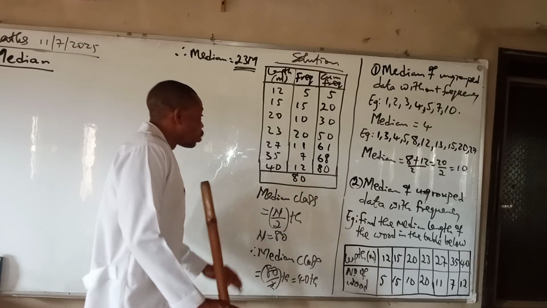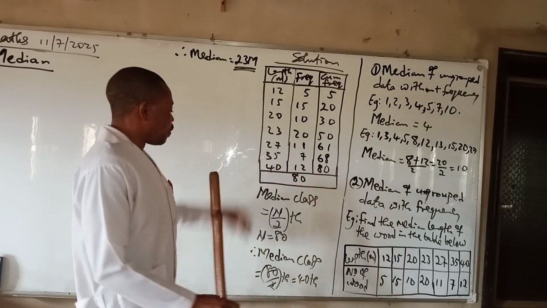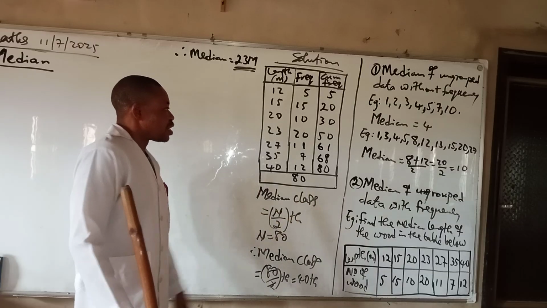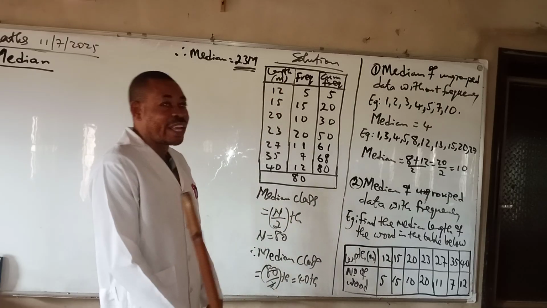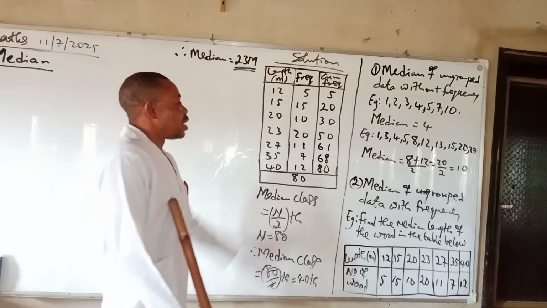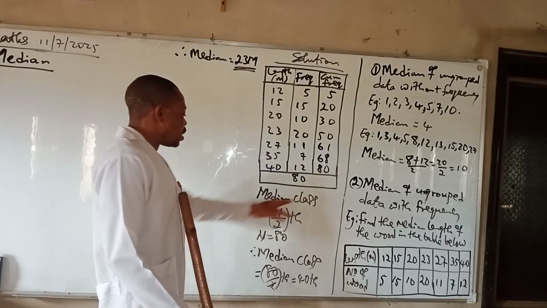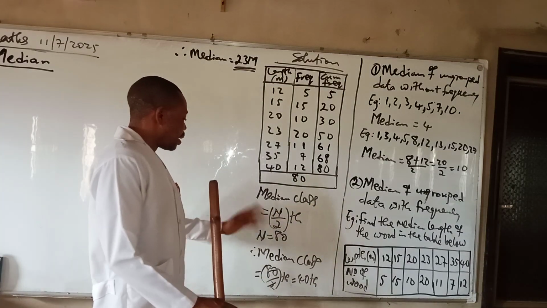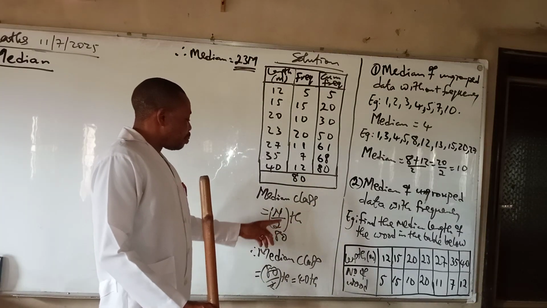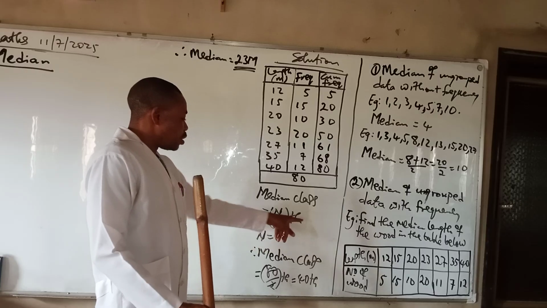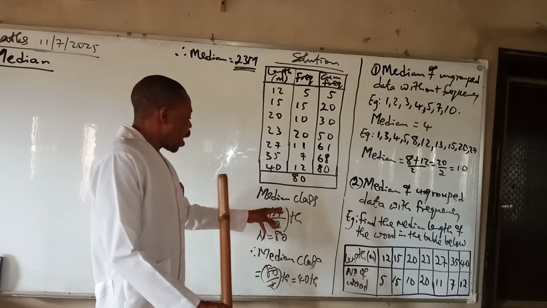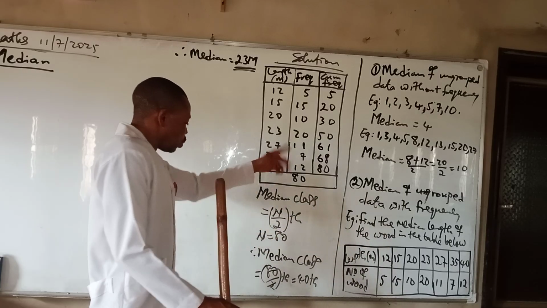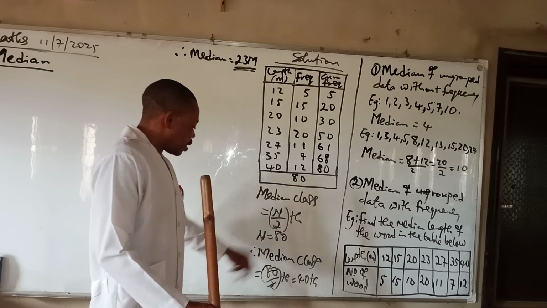Good. Now, to calculate the median, first of all, we calculate the median class, because we can't get it accurately based on the other ones. The formula to calculate the median class is N over 2 th, where N is the total frequency, and the total frequency here is 80.